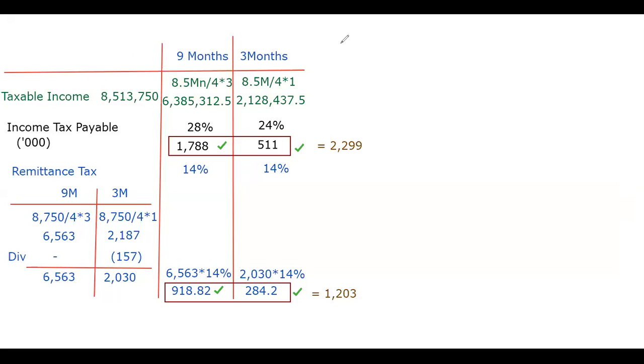Income tax, IT, you need to deduct, because when I was comparing this one, I got an error. That is also a learning point here, since we need to calculate the remittance tax after deducting income tax, right?